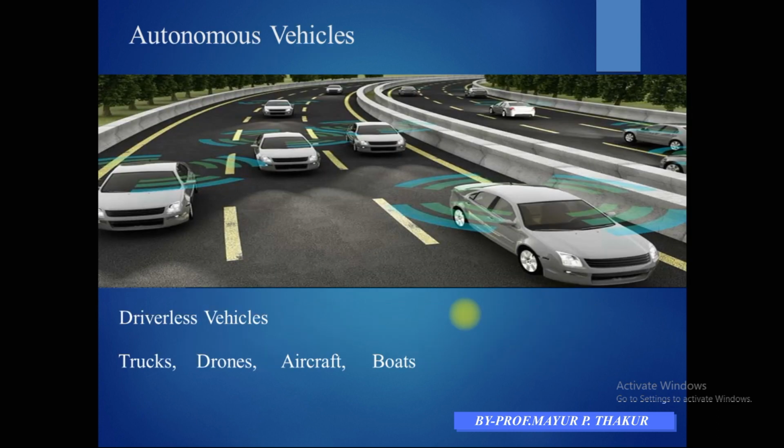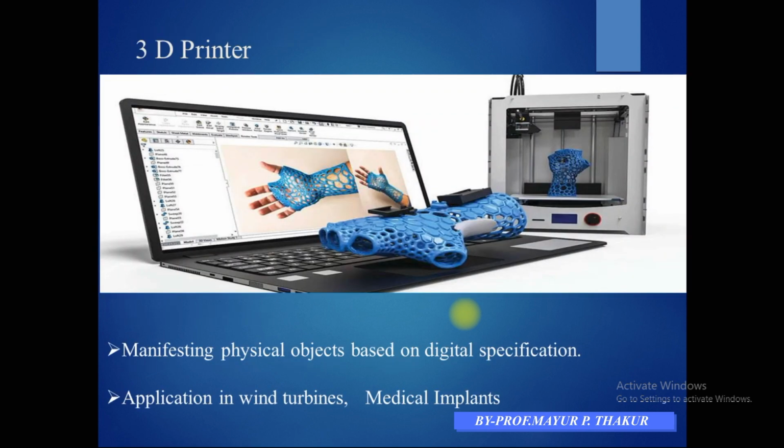Now, if you see autonomous vehicles, they are already in place: autonomous trucks, self-driven drones, driverless aircraft and driverless boats come under autonomous vehicles. Then 3D printers: if you give any shape to this machine, the 3D printer manufactures the particular product according to the specified shape. 3D printing has applications in wind turbines, medical implants and so on.